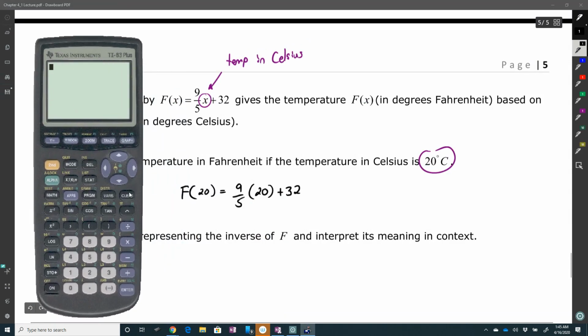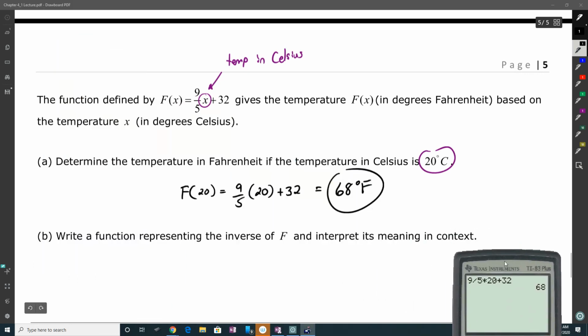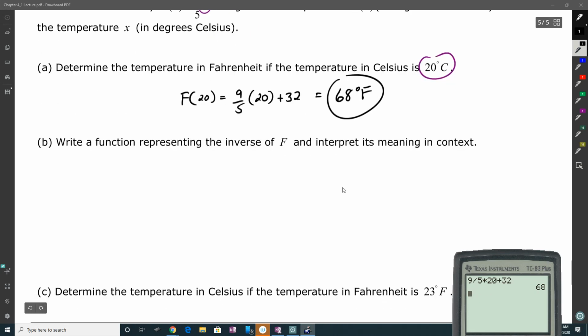And so all we do is we plug it in. So 9/5 times 20 plus 32. 68. So 20 degrees Celsius is 68 degrees Fahrenheit. So that's a very nice temperature. Hey, that's a good sleeping temperature. That's what I keep my house at when I go to sleep.